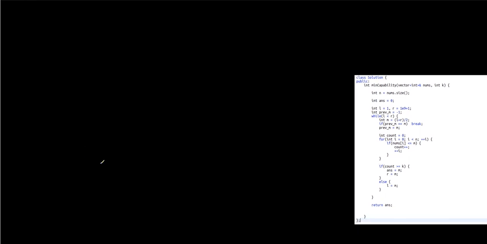What we need to do is to do binary search of values between 1 and 10 to the power 9, which is the maximum. So we set the left to 1 and the right to 10 to the power 9 plus 1, and we do binary search between these values.